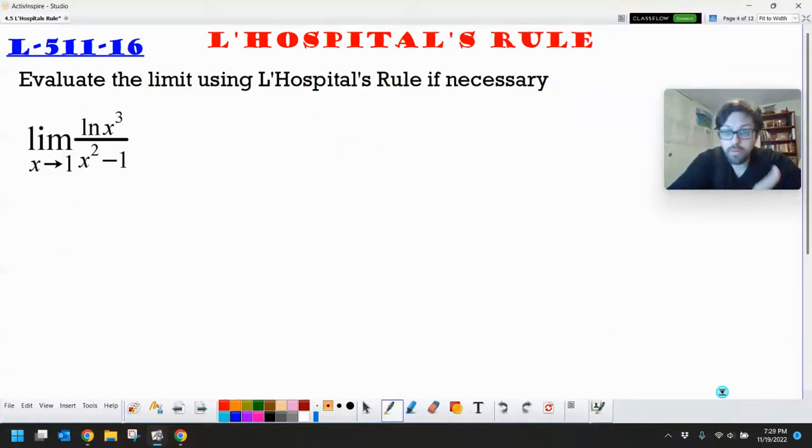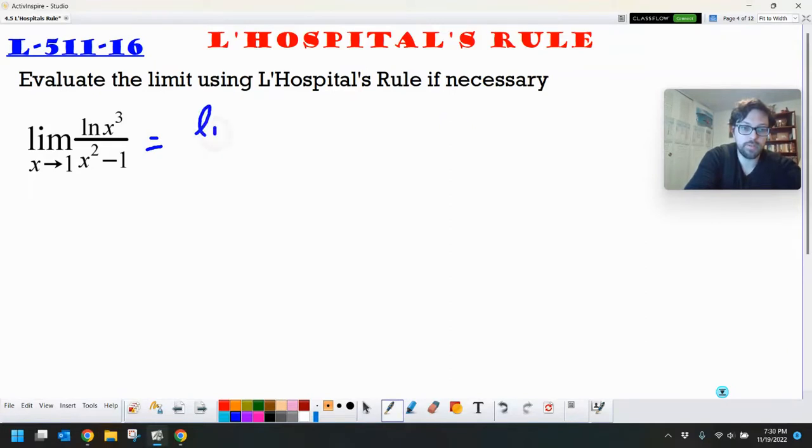This example, with our previous work on limits, we weren't able to figure out. We had no tools in order to evaluate this limit, so we just said, I don't know. So we're going to check if we can use L'Hopital's. We always need to check first if we can apply L'Hopital's rule.